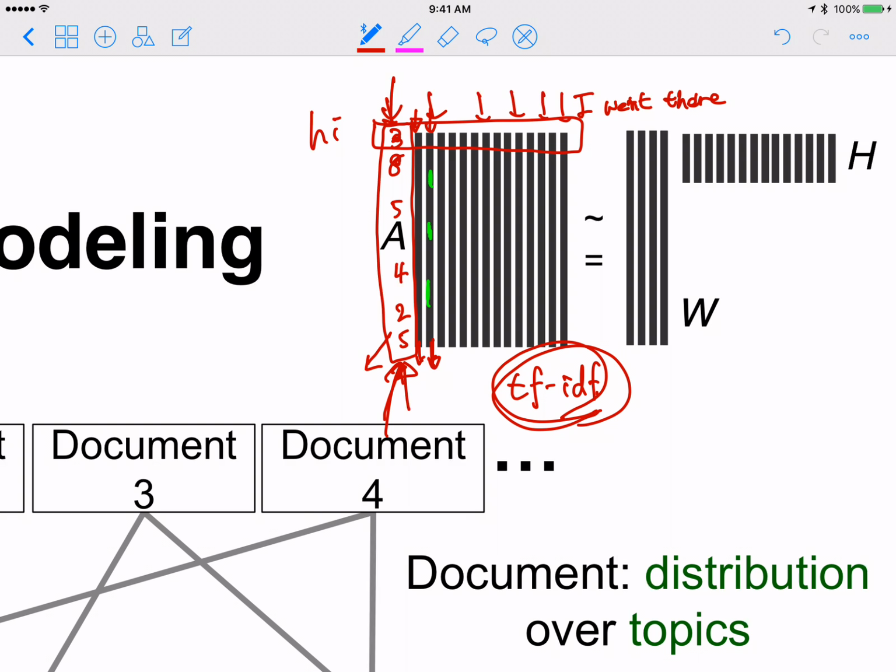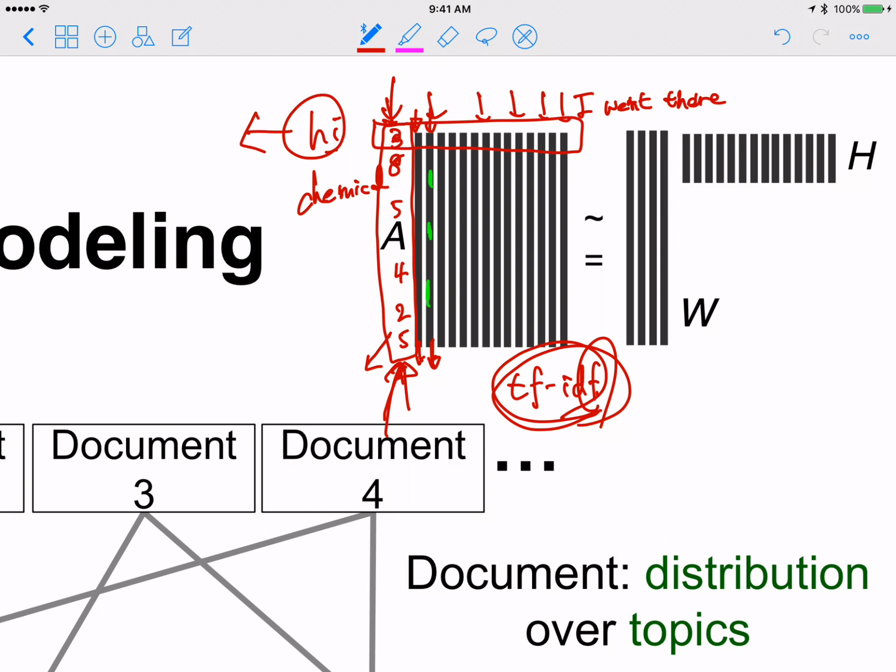But for some keywords, maybe "chemical", it will appear only in documents that are highly professional or highly relevant to this specific topic. In this case, we can think about document frequency.